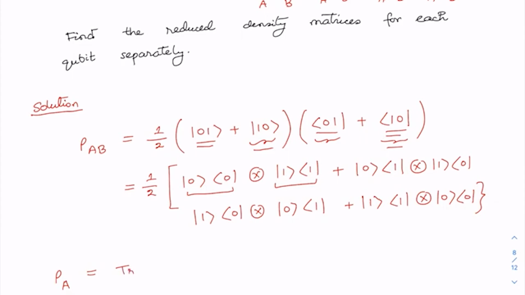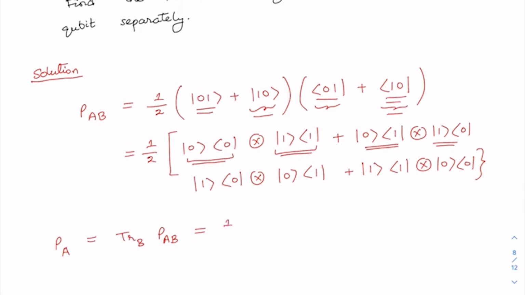Okay, so then finding the reduced density matrix for A would be easy. I have to just trace out B from ρ_AB, then I will get ρ_A. This is system A, this is system B. Similarly for all these other terms. So if I trace out B, because |0⟩ and |1⟩ are orthogonal to each other, this is going to be the scalar product ⟨1|1⟩, which would be 1, and here I will have |0⟩⟨0|.